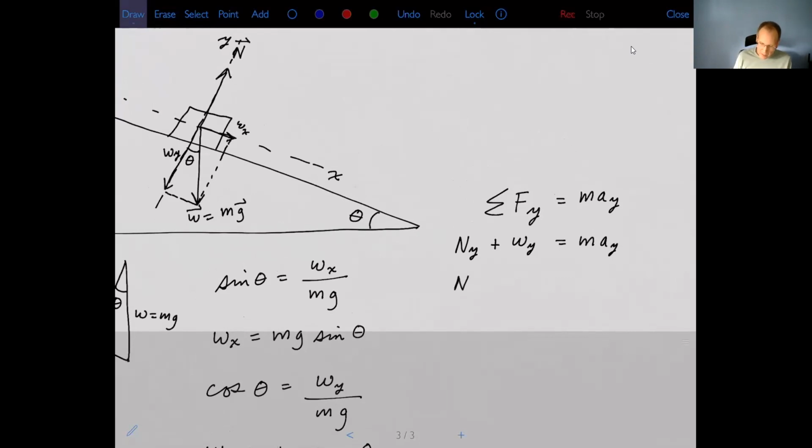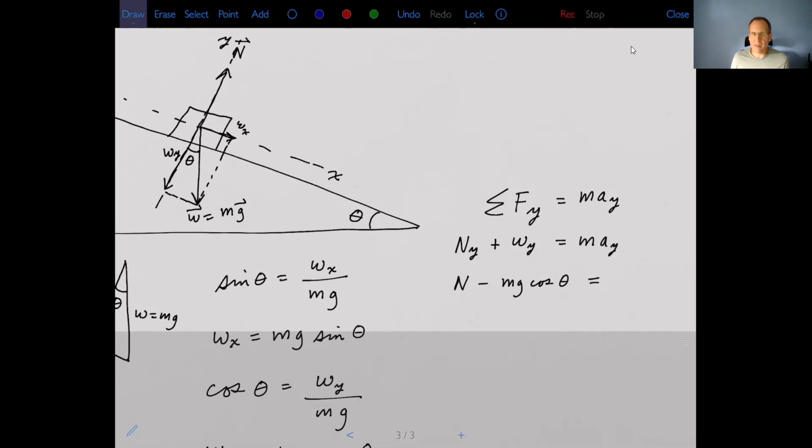And then how much of the weight is acting in the y? Well, we found the Wy component, and it's acting in a negative direction. So this would be negative, and remember, it's going to be mg cosine of theta. And that's got to equal ma(y). But what is the acceleration in the y direction?